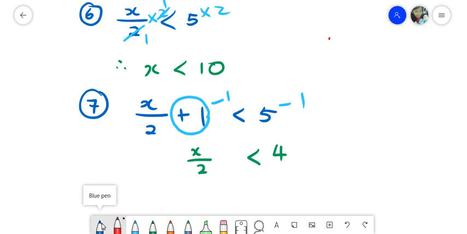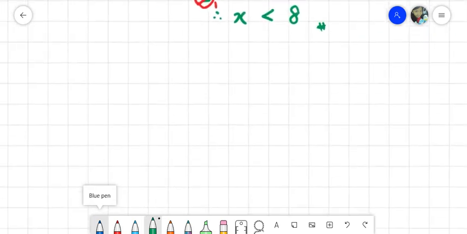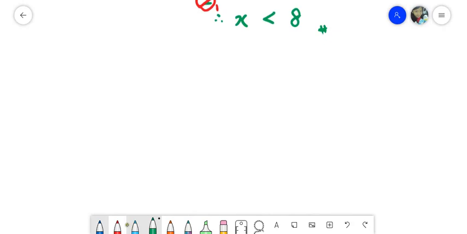Again, how to get rid of the divide by 2 here, or the 2 at the bottom? Yes, you will need to multiply with 2. Simplify it, so your x is less than 8. Very straightforward, right?